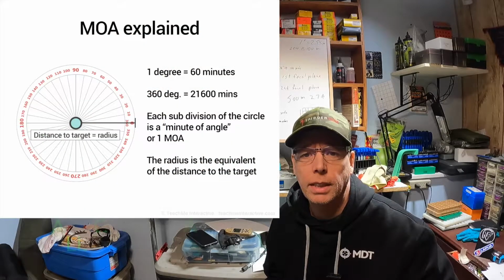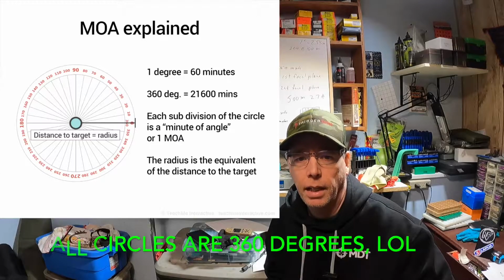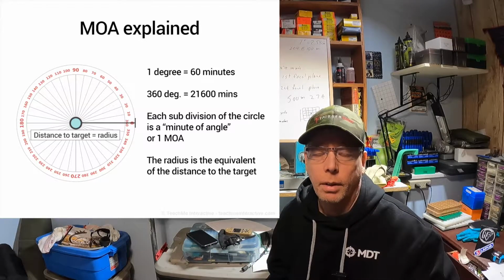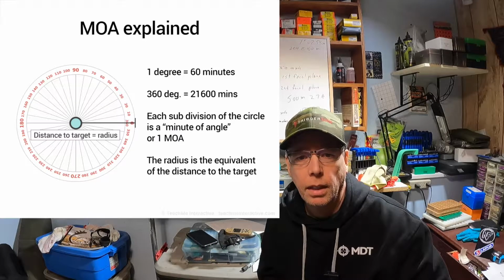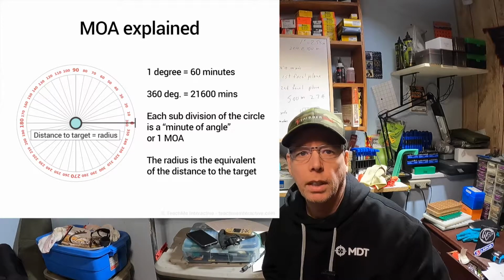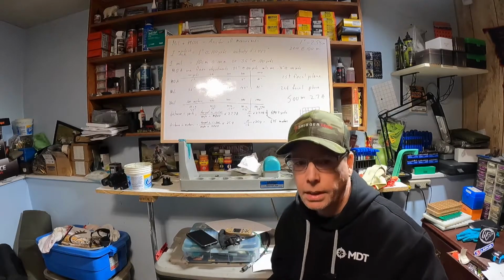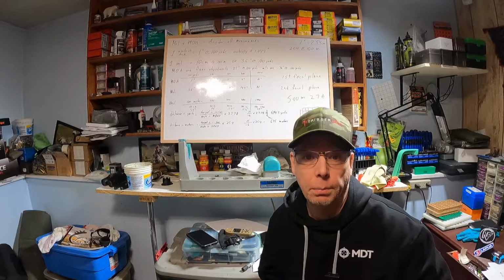If you took a 360 degree circle and each degree has 60 minutes of angle, that's 360 times 60, that gives you 21,600 MOA in a circle. And that's where you get minutes of angle from. Now milliradian, a little more confusing to me anyways.